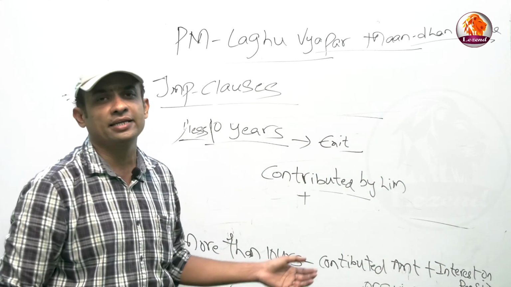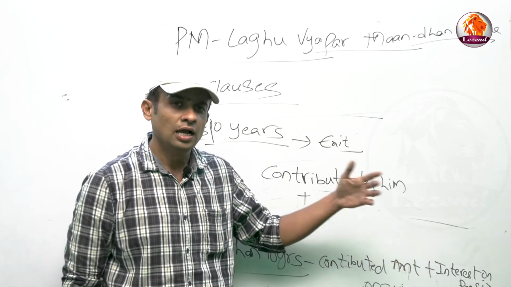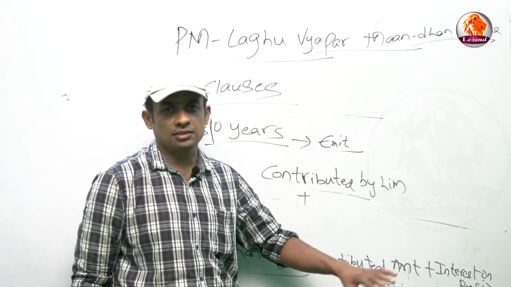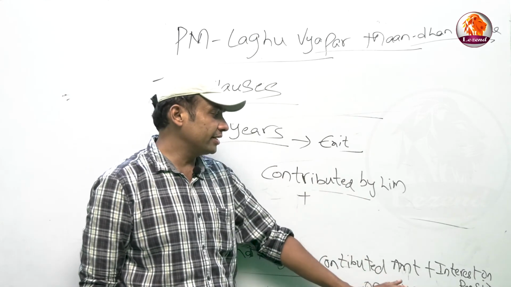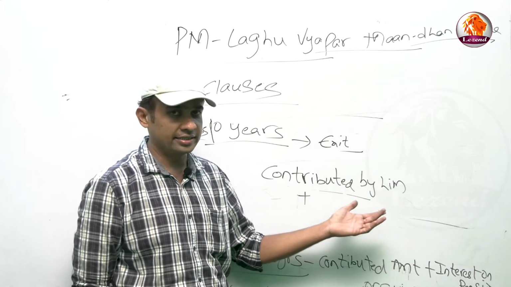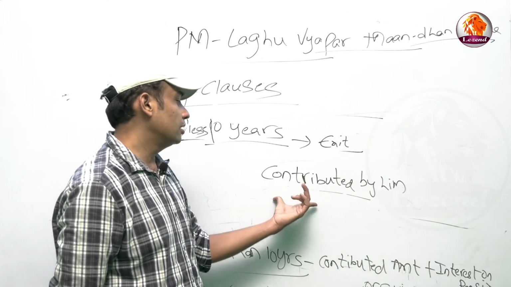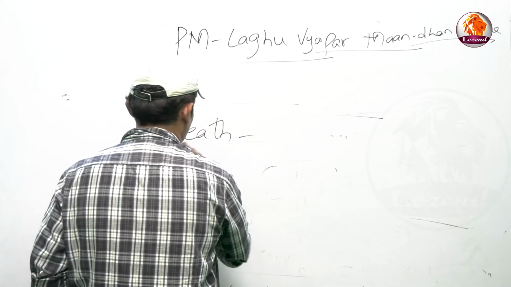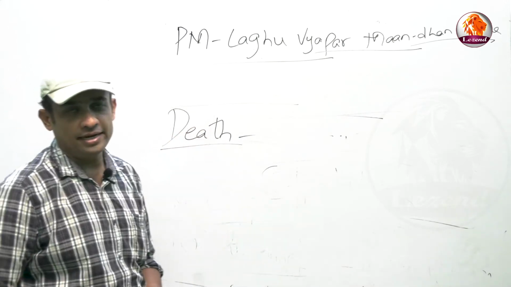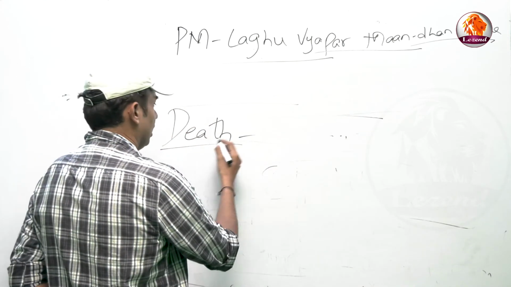If the savings bank interest is higher at that point of time, that interest will be calculated on this contributed amount and paid back. And if the interest of the pension fund is more at that point of time, then this interest on the contributed amount will be calculated and paid back. So, if the person dies, let us understand the death clause.